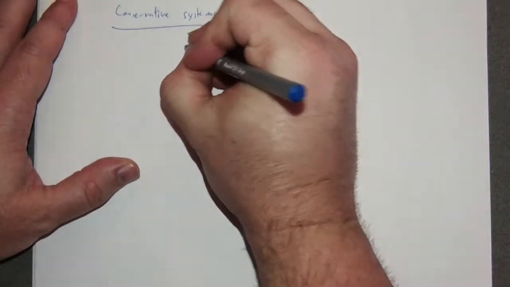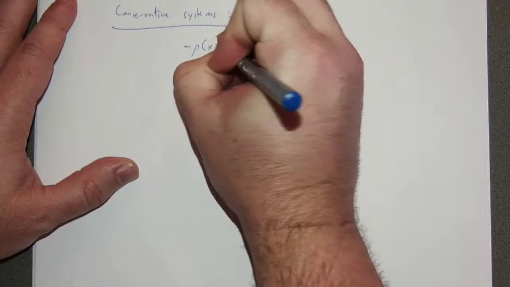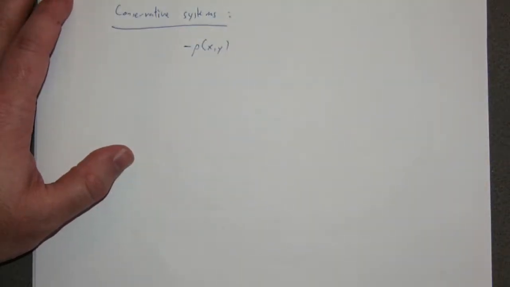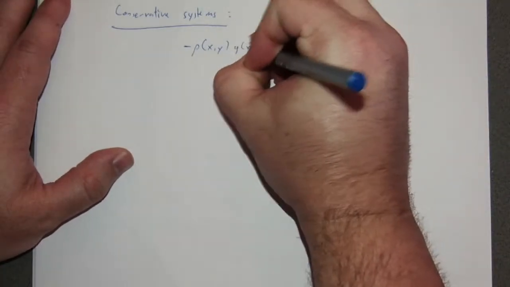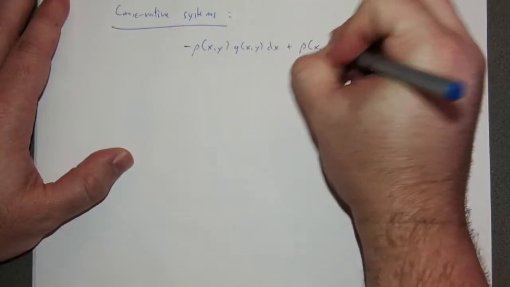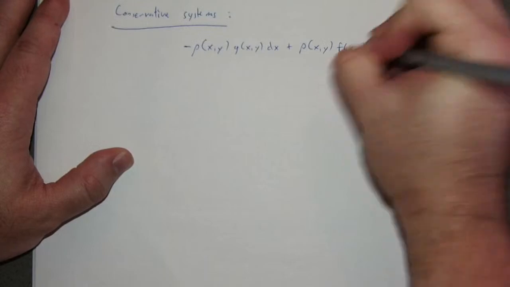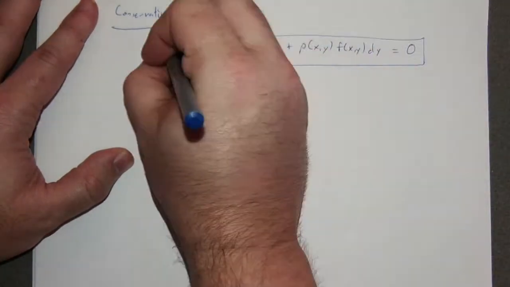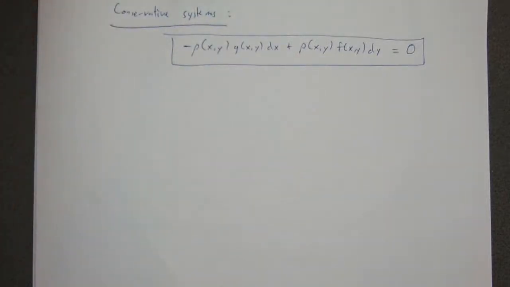Well, remind yourself of what happens in chapter 1 stuff. I try to find an integrating factor, rho. So my orbit equation becomes a multiplied by rho equation. So minus rho xy g xy dx plus rho xy f of xy dy is equal to 0.